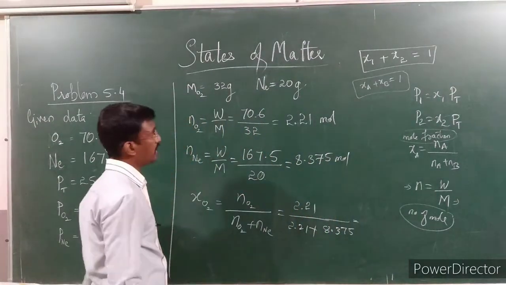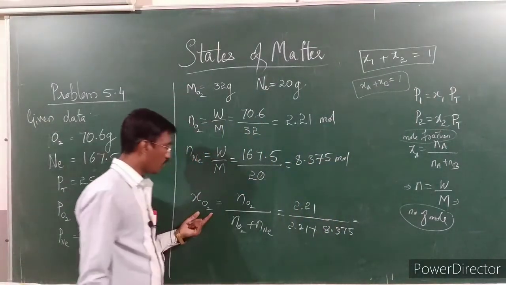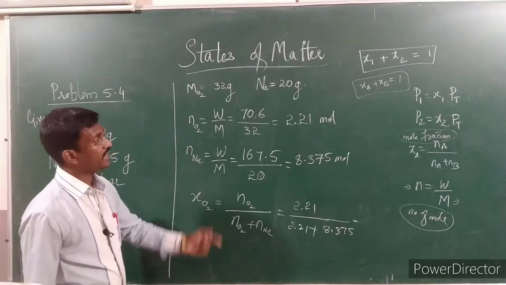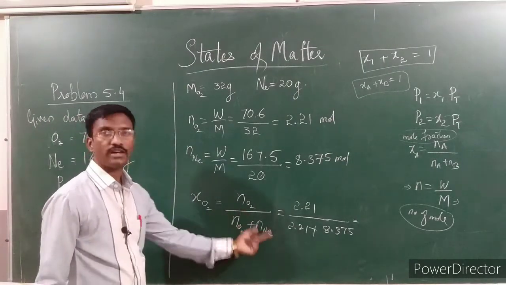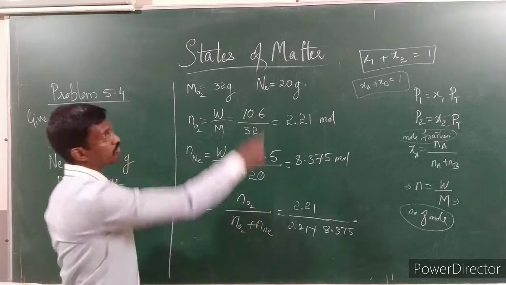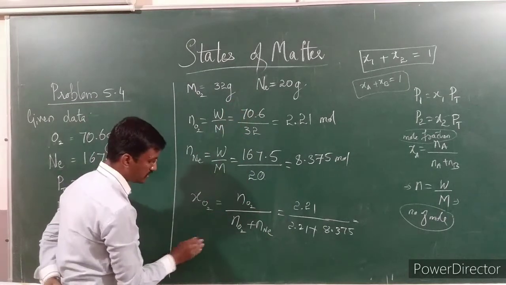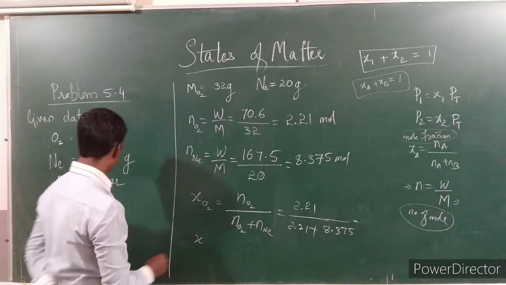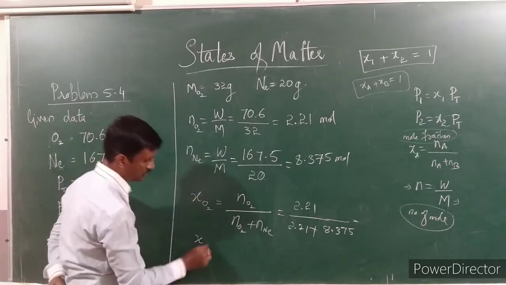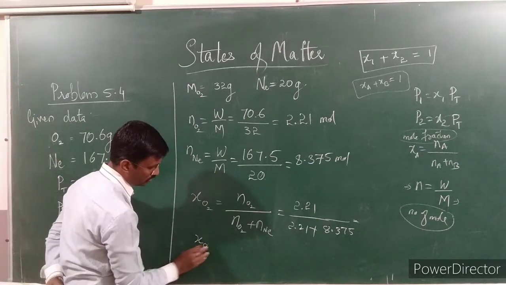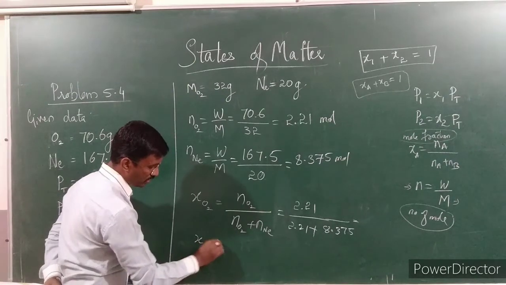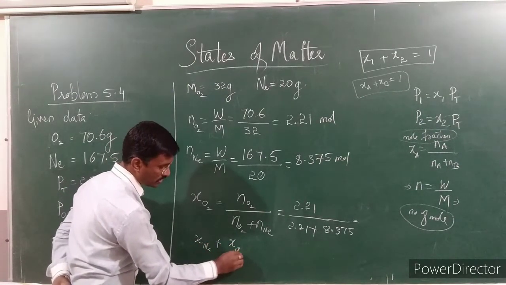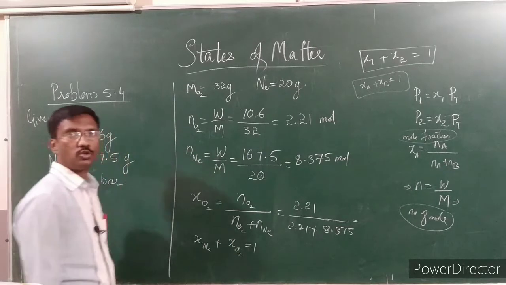So why am I telling this? Here we have calculated the first mole fraction, and for the next mole fraction there is no need to calculate it this way. I can calculate it by that one. We know that the mole fraction of neon plus the mole fraction of oxygen together is always equal to 1.